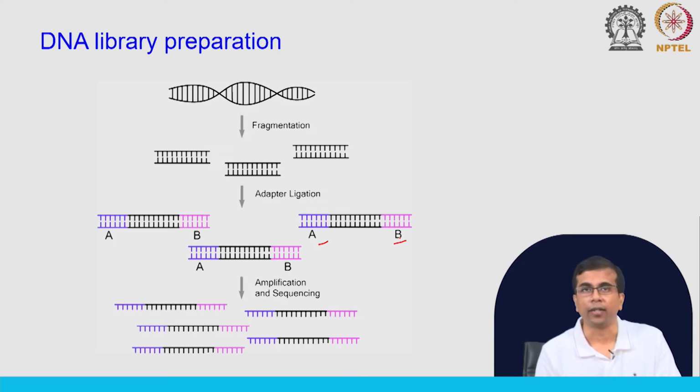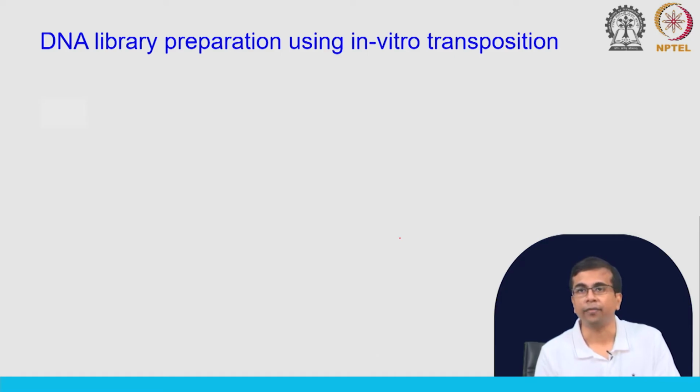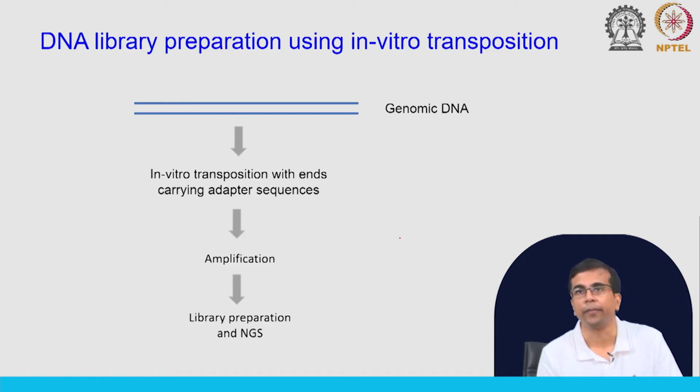Once you have this DNA library, you can also prepare this library using in vitro transposition. This is a different method than what we just discussed. I will elaborate on this very briefly. You have genomic DNA. Instead of fragmenting this, what you do is something called in vitro transposition.